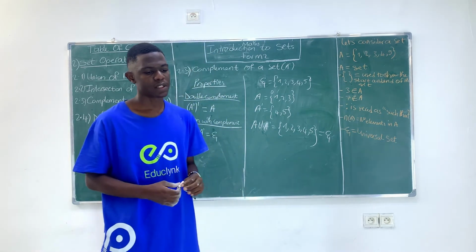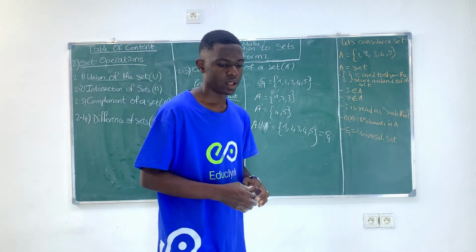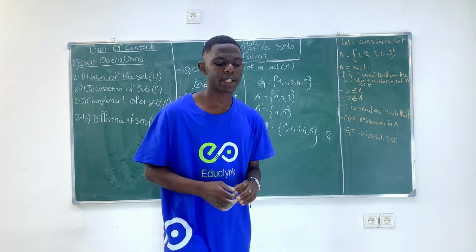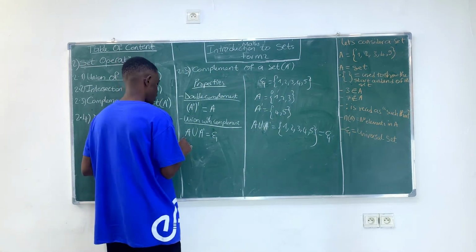So let's check the next property: intersection with complement.